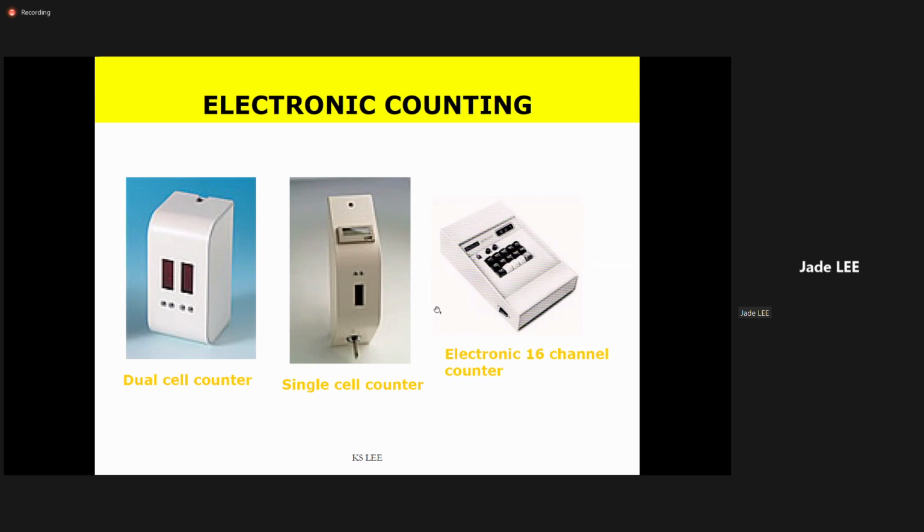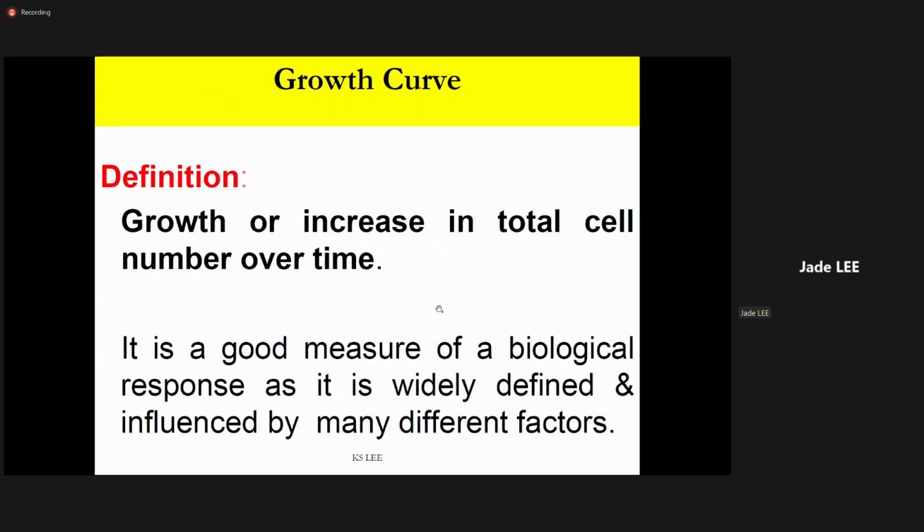Or you can use the growth curve. But growth curves are very time consuming and laborious. Growth curves show the increase in total cell number over time, so it is a good measure for a biological response that is widely defined and influenced by many different factors.